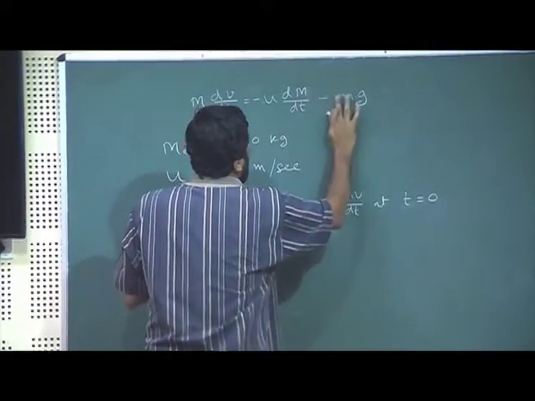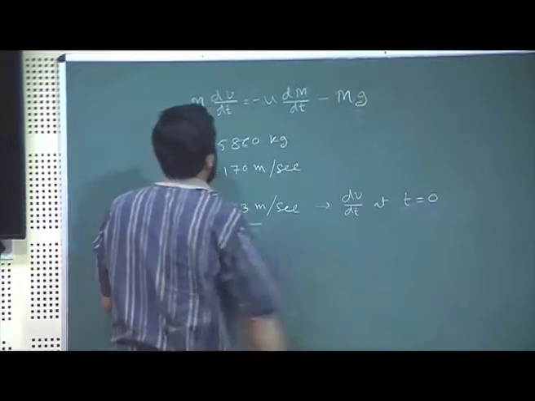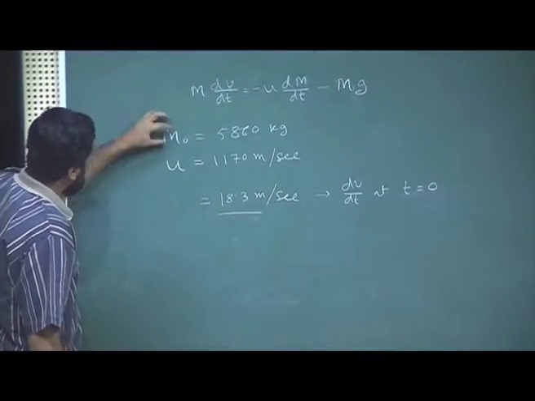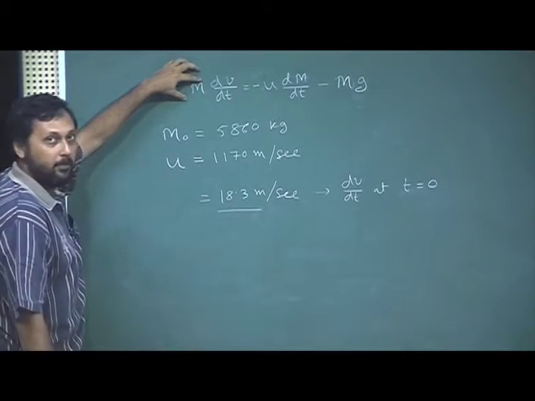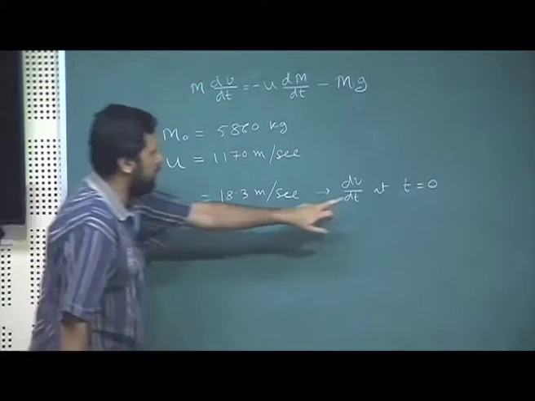In the rocket equation all the M's are always in capital. So, we can substitute m0 for this M because we are calculating at time t equal to 0.